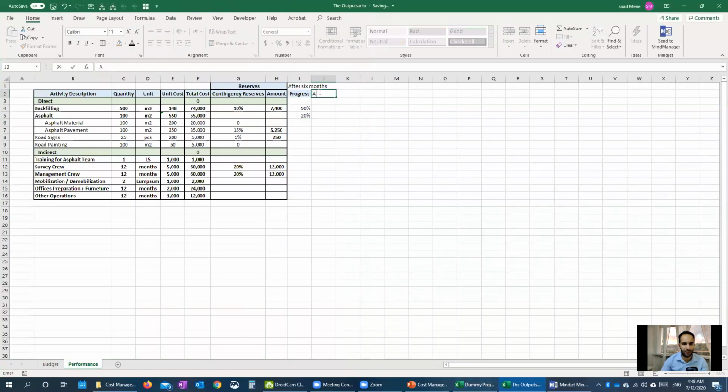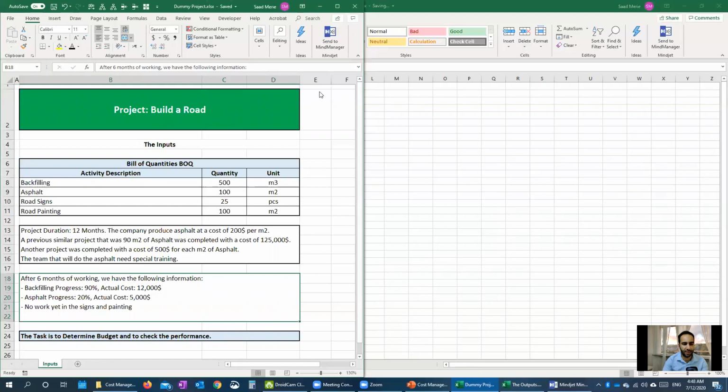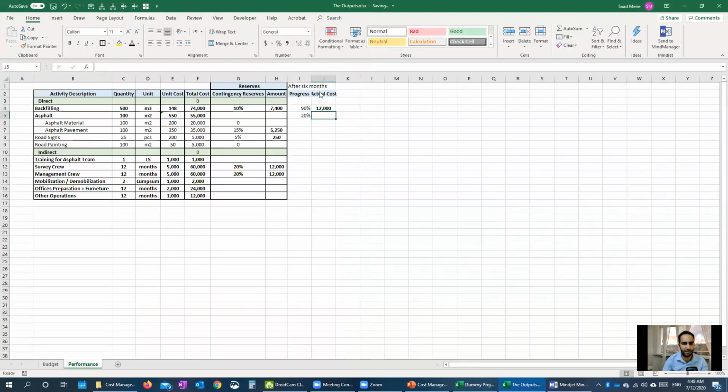And then we have the actual cost. The actual cost for the backfilling was 12,000, and for the asphalt was 5,000.